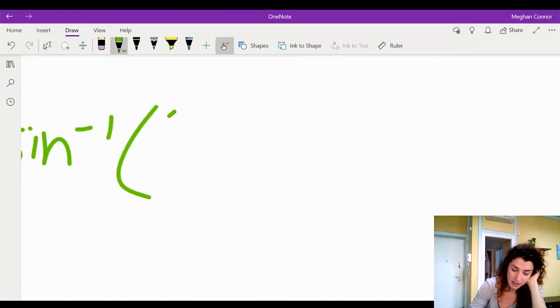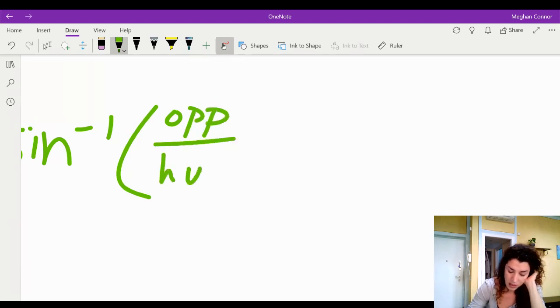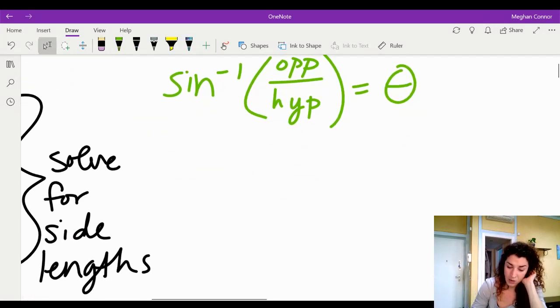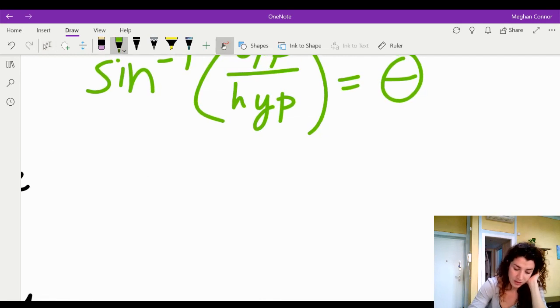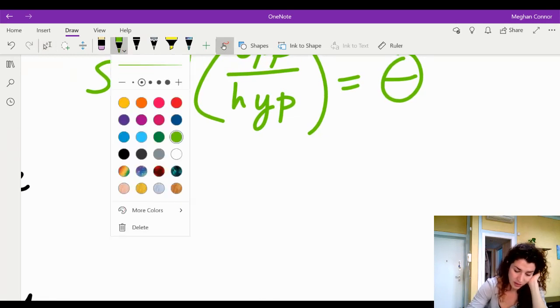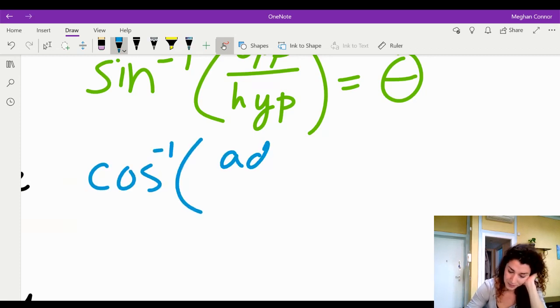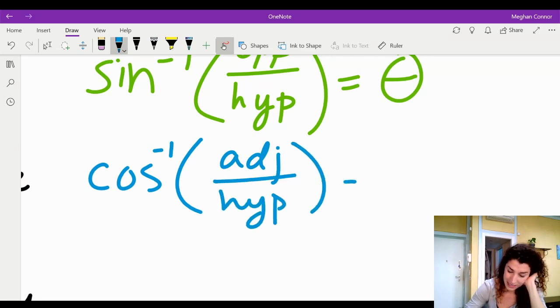So that's opposite over hypotenuse, and then it gives you the angle. Same with cosine. And it gives you the angle.